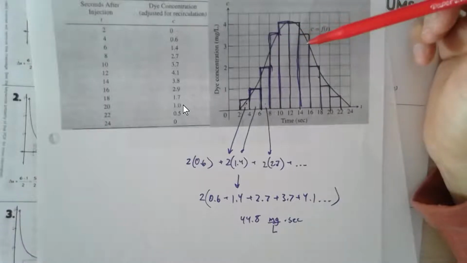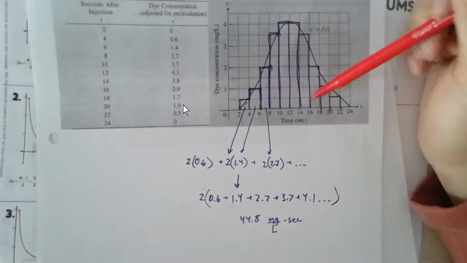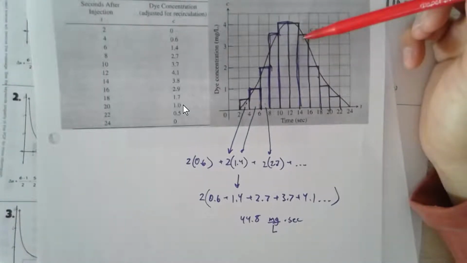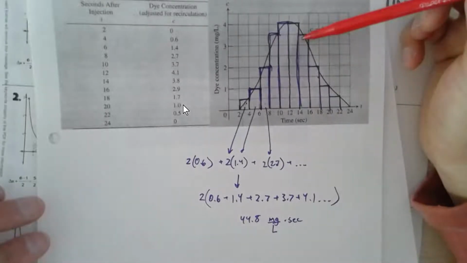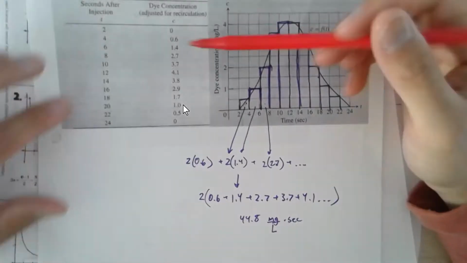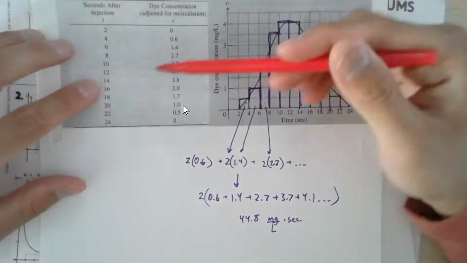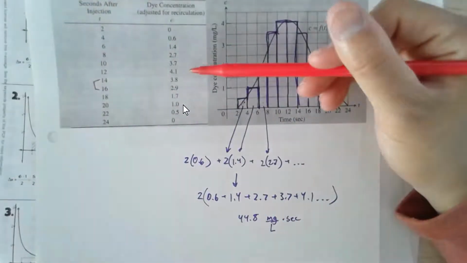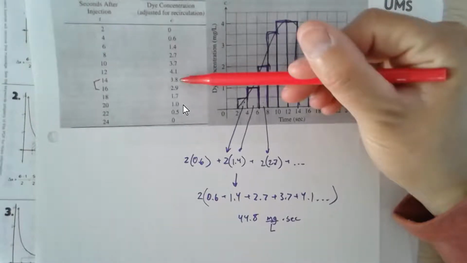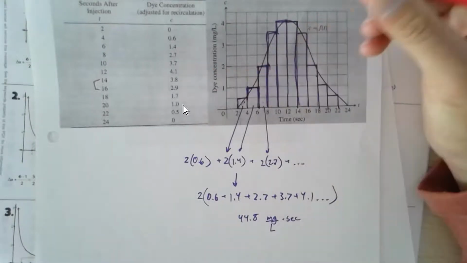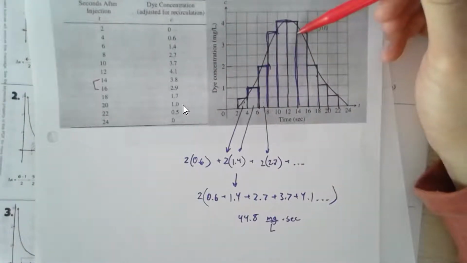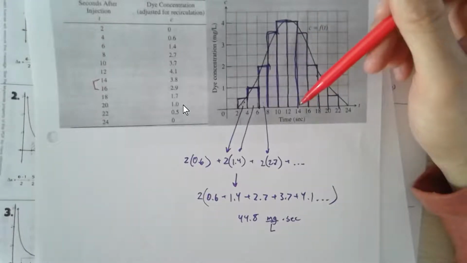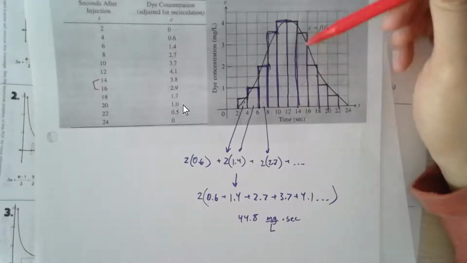Let's take a look at 14 to 16, this rectangle. So I got 14 to 16, and let's look at these two values here. I could have used a height of either 3.8 or 2.9. What height does this seem to be when I made a rectangle between 14 and 16?